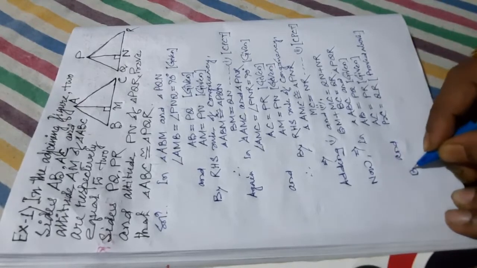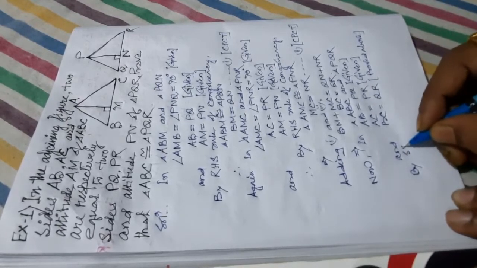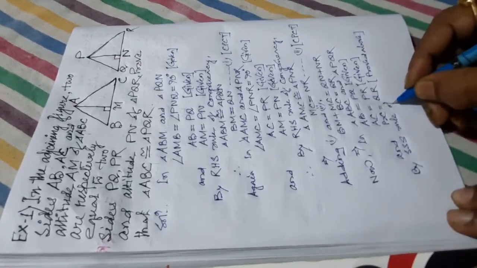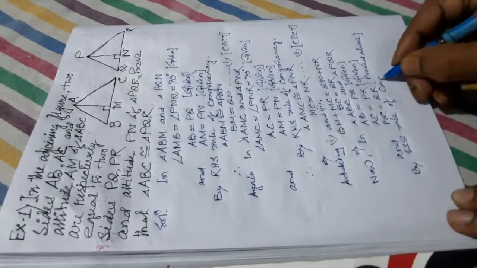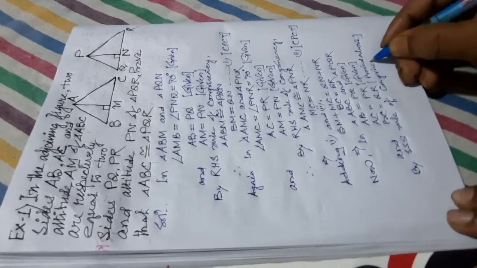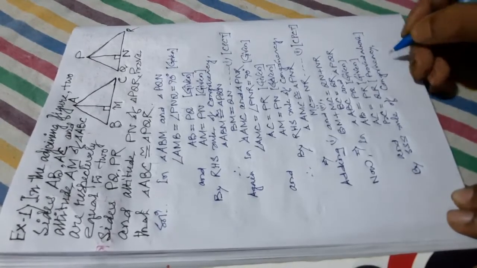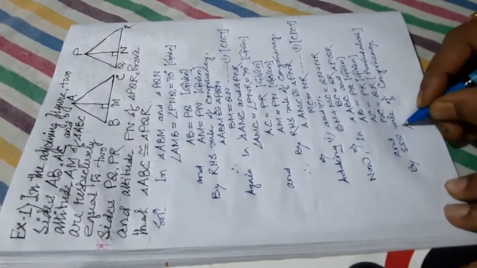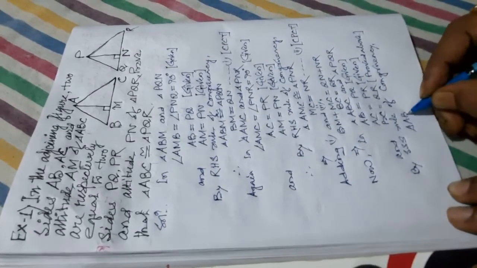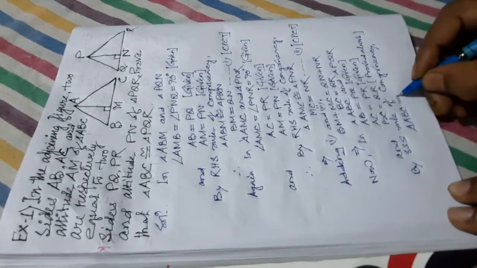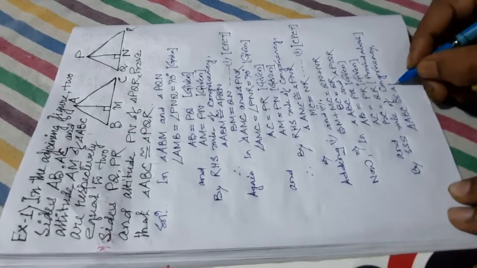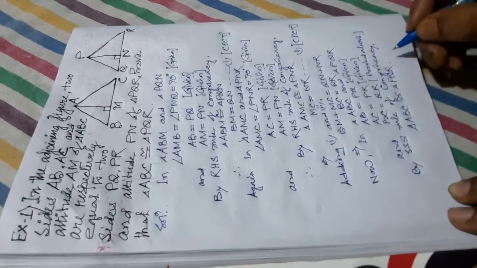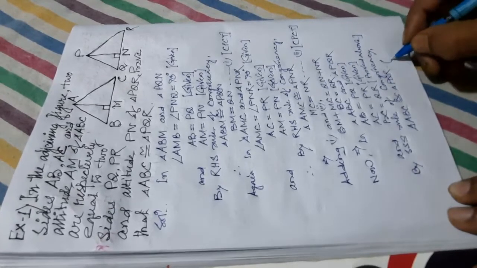By side side side rule of congruency, triangle ABC is identically equal to triangle PQR. Proved.